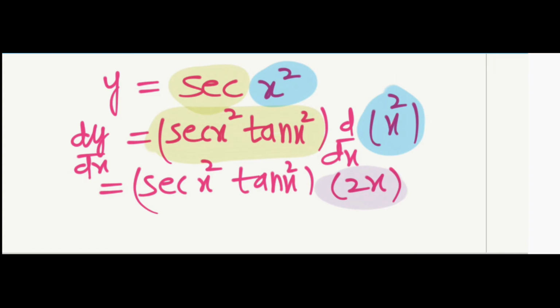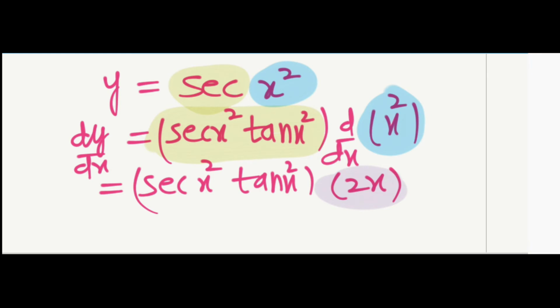Suppose the function is y equals secant x square. Again, using the color code, we can easily perform. Now, the mother function is secant x, colored in yellow, and theta, the angle, is x square. As you remember, the derivative of the secant function is secant x tan x.